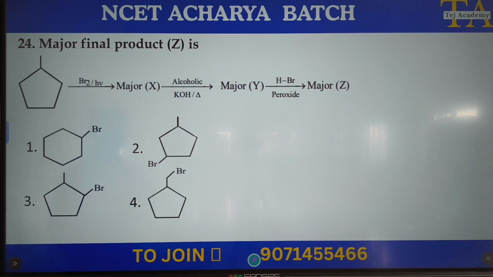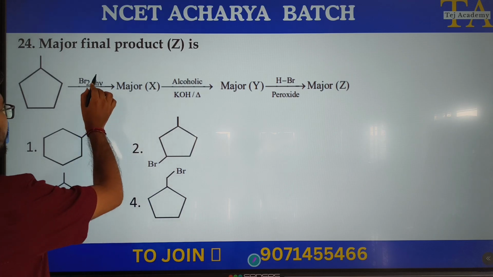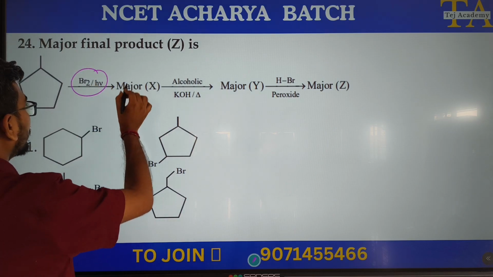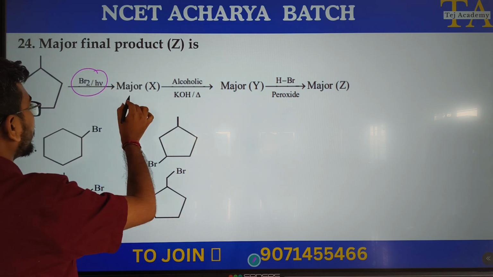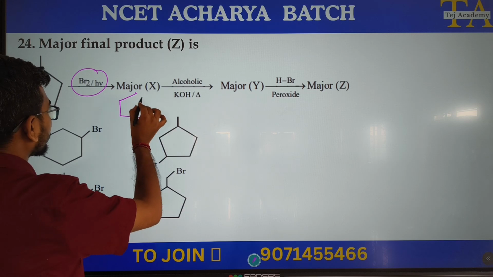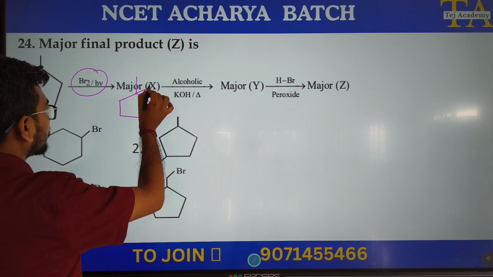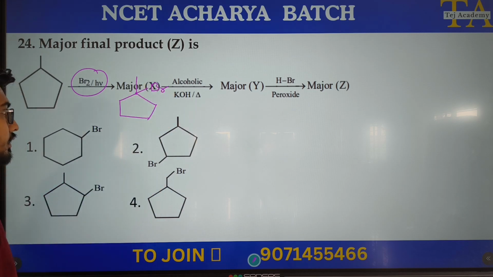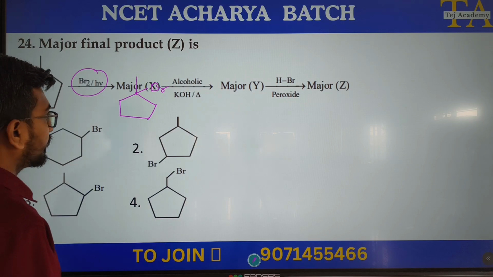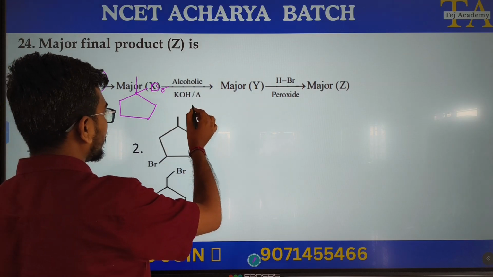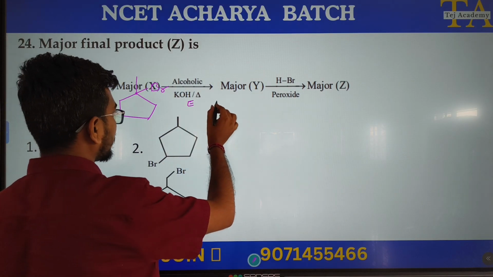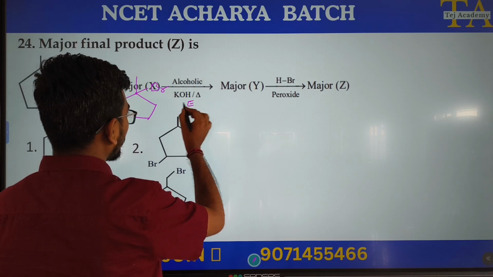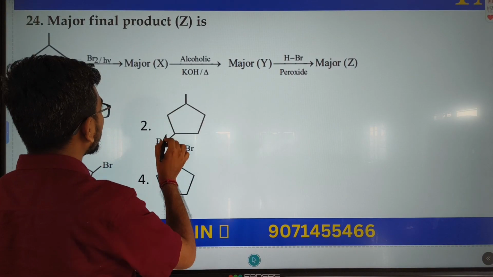Now 24th question. We have to find the major final product for the given reaction. First, in the presence of Br2 and hν, we know that addition of bromine will take place. Now this X will react with alcoholic KOH. So an elimination reaction will take place.